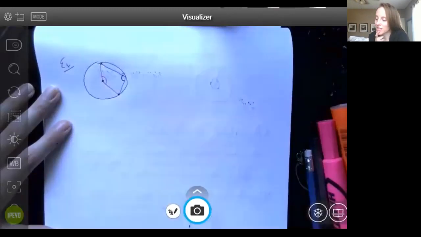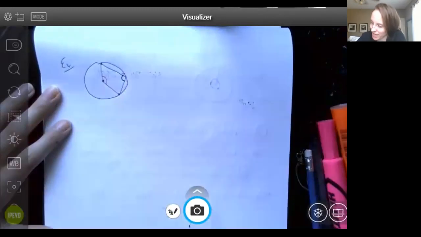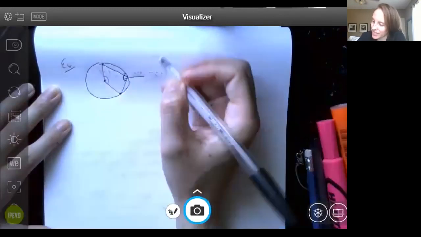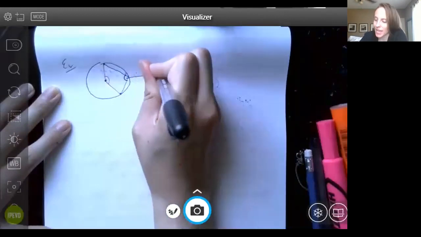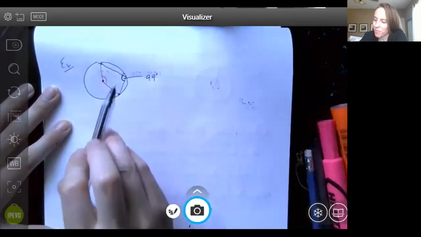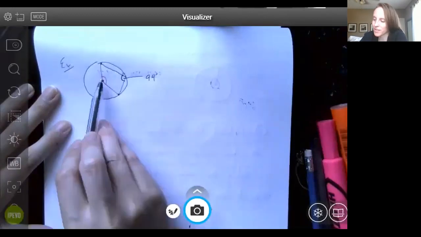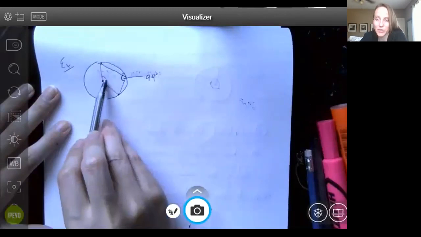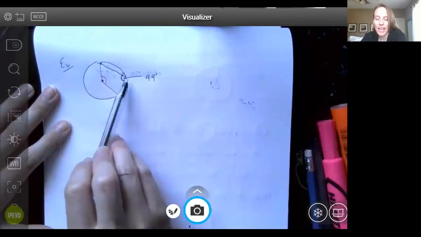So let's say I have told you that this inscribed angle here is 94 degrees. If these were facing the same way, I would be able to tell you what the other central angle is. But I can't do that directly because these are facing one another.